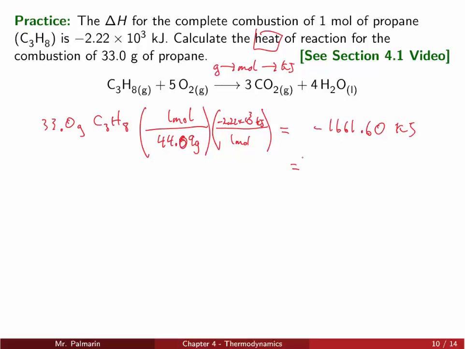Now when you round this one, I suppose we are to 1 sig fig here, which means we're going to round up to negative 2,000 kilojoules. Typically I won't give you questions to 1 sig fig, but that one is. So there we have it.